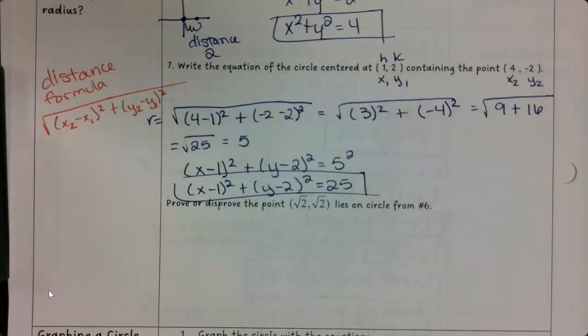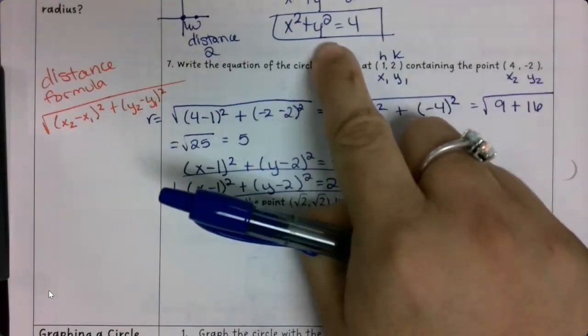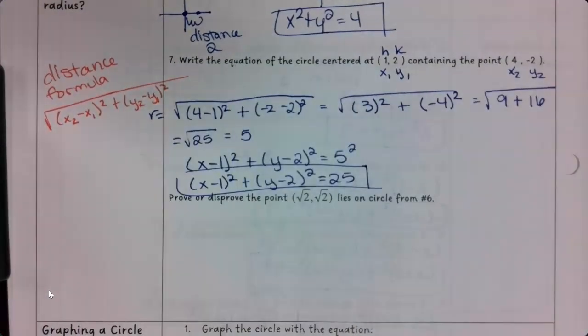Okay. This next part wants me to prove or disprove the point (square root of 2, square root of 2) lies on the circle from number 6. So this equation, I'm plugging that in for x and y.